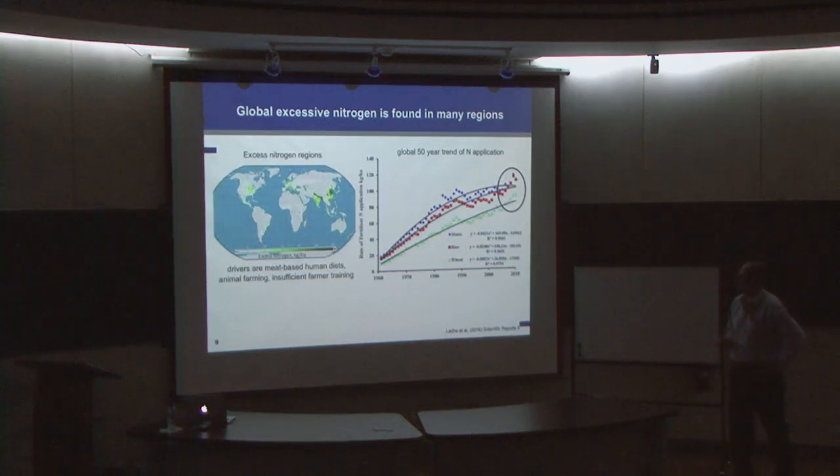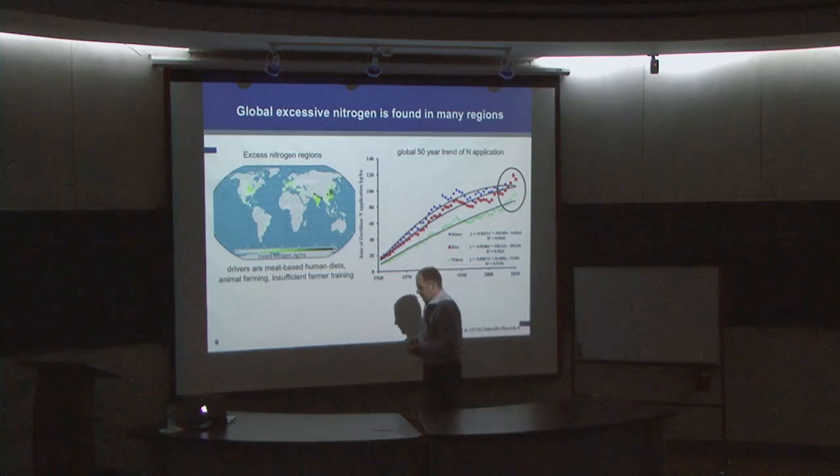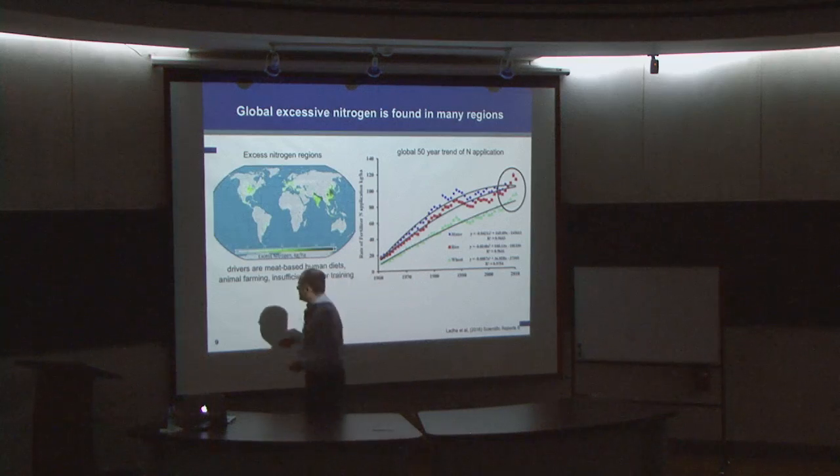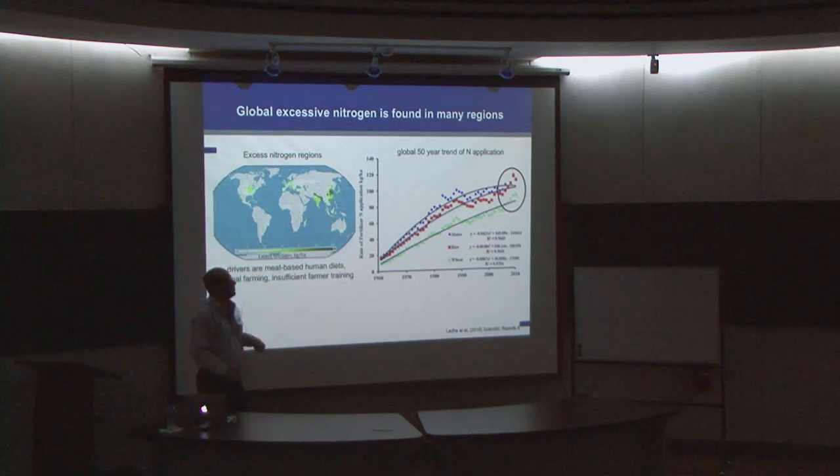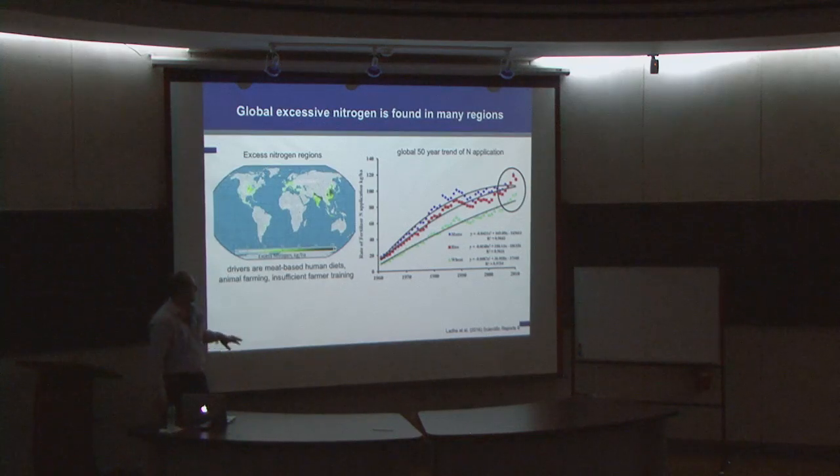So, where are the problems with too much nitrogen use? As typically in China, in India, there are quite some problems. The drivers are not so often really the farmers that we apply too much, and sometimes not very well-trained farmers. Yeah? This is definitely also in China and in India the problem. Insufficient training of the farmers.